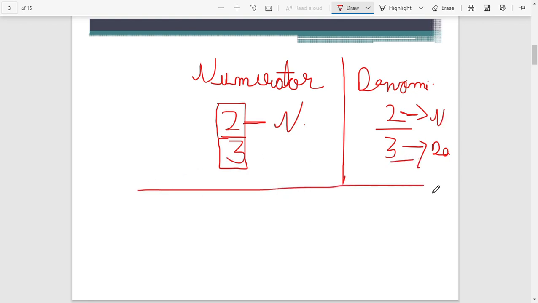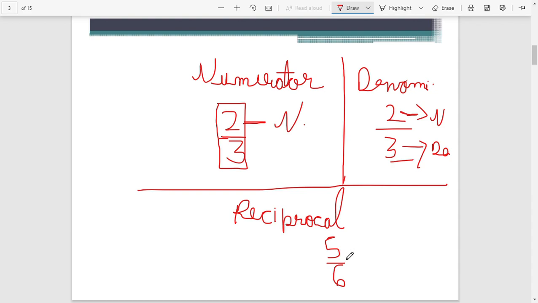Now let's talk about what a reciprocal is. In exams, reciprocal is mostly asked. Take the example 5 upon 6. This is a fraction. So how do we find its reciprocal?